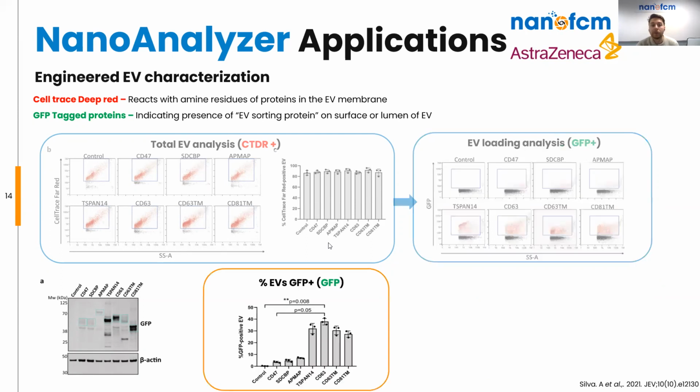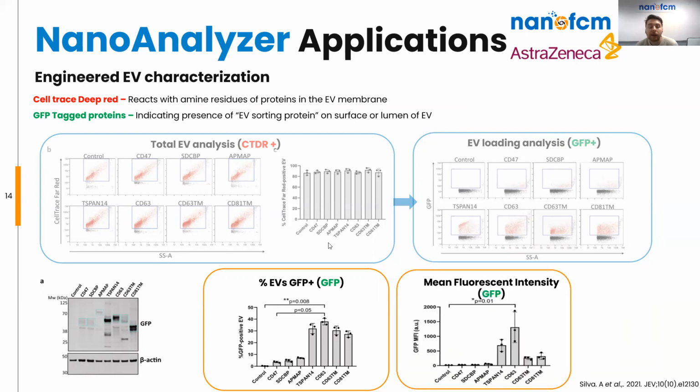When we take this further, we can see that between 30 and 40% of the EVs in these isolations are positive for our GFP.